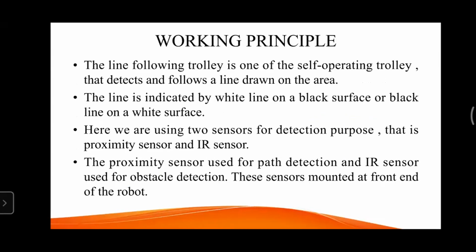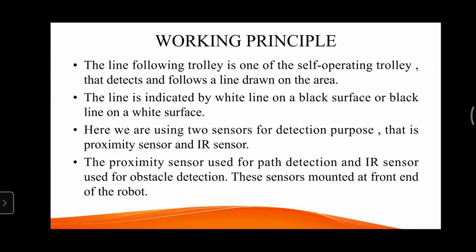What are the working principles of the trolley? Basically, the structure of our trolley is simple. The important parts are the sensors in the trolley. There are mainly two sensors, the proximity sensor and the IR sensor. The proximity sensor is used for path detection and the IR sensor is used for obstacle detection.